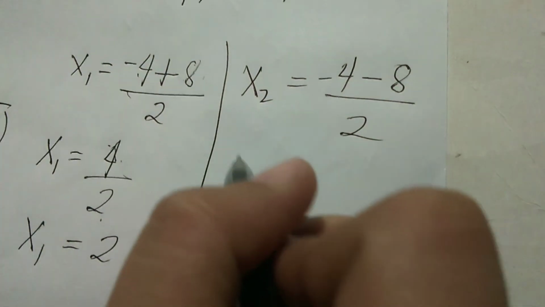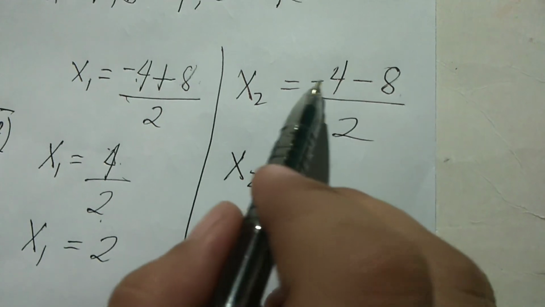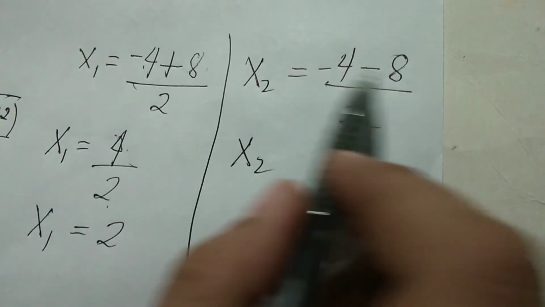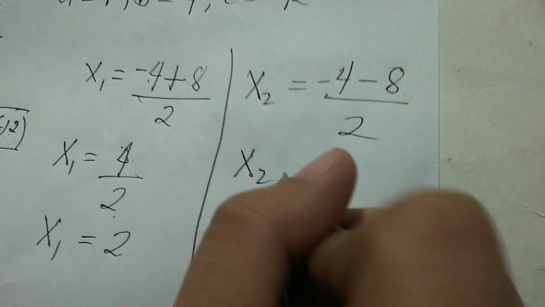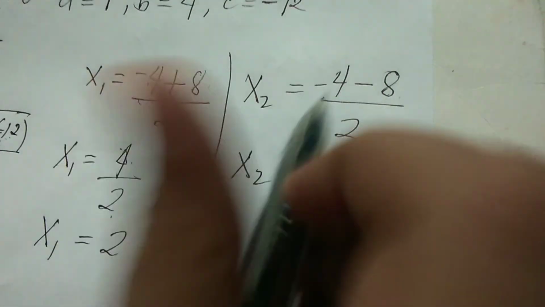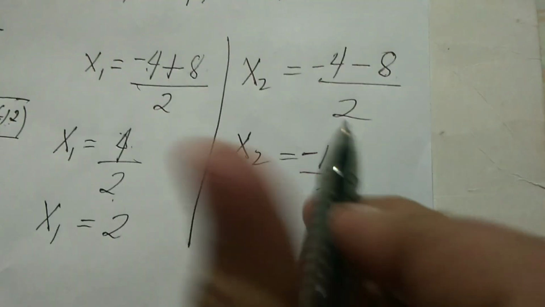So, dito naman sa x sub 2, negative 4 minus 8. So, negative minus. I-add nyo sila. 8 plus 4 is 12. Then, follow nyo yung sign nila, which is negative. Divided by 2.